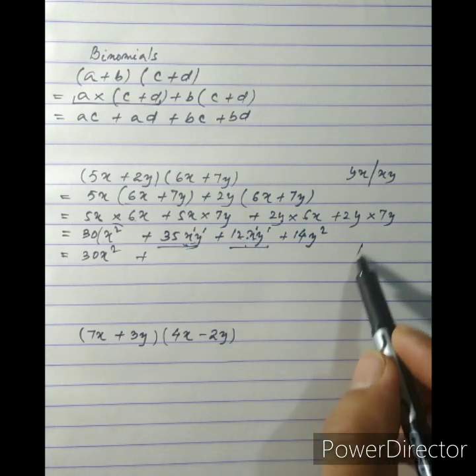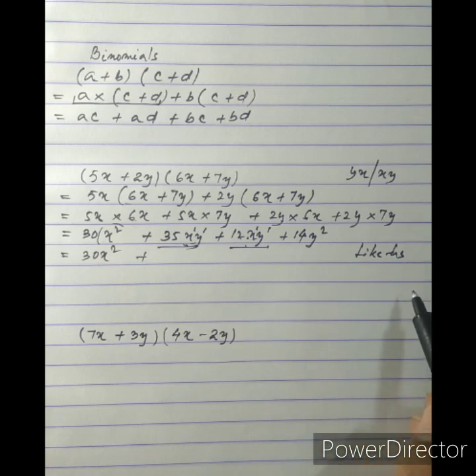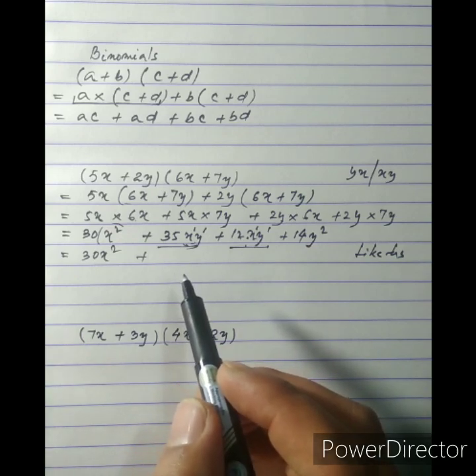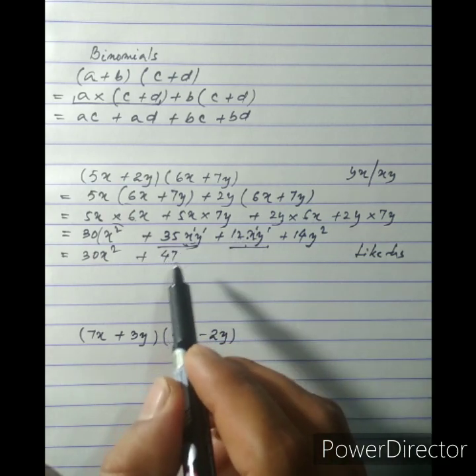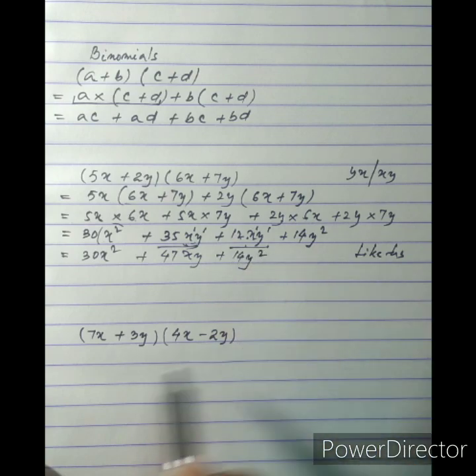Do not forget, like terms can be added and like terms can be subtracted. If they are not like terms, then they cannot be subtracted, they cannot be added. So let me repeat once, like terms can be added and subtracted, but unlike terms cannot be. Unlike means terms which are not like. So 35 plus 12 will get here 47xy. Then here at the last 14y square.